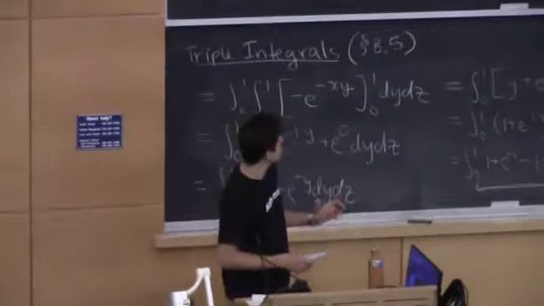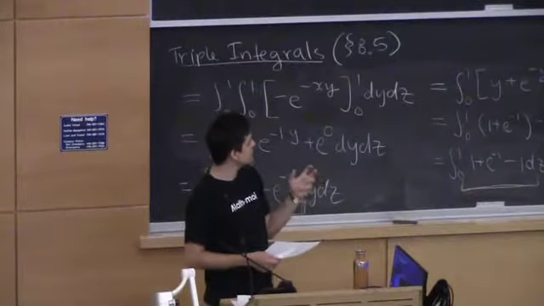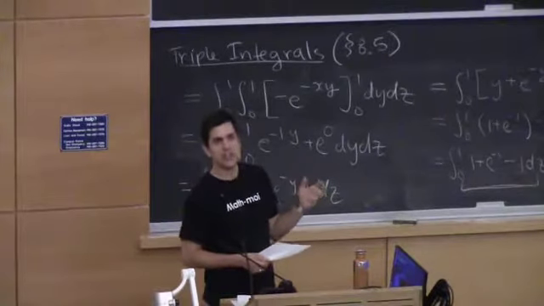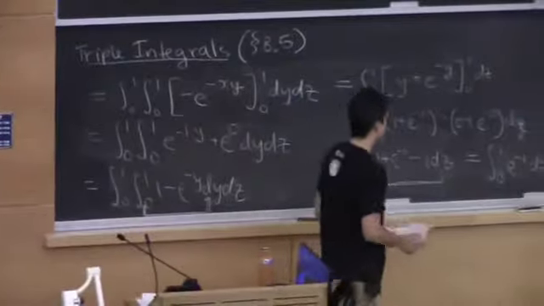Okay, so now I'd like to talk about this. The difficulty with 3 variable integrals is usually in the setup. Usually it's quite hard to understand the region of integration for these problems.